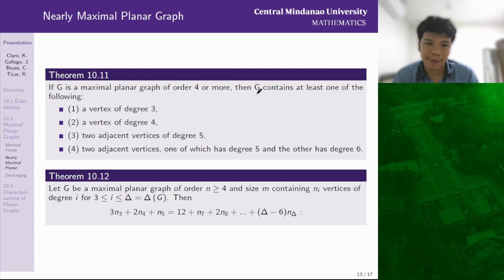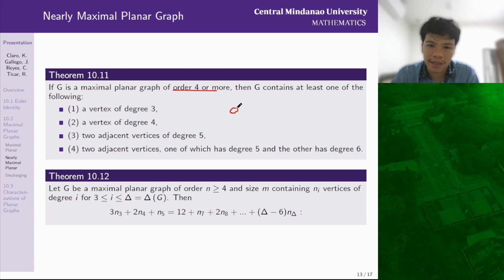Now let us proceed to theorem 10.11. So if our graph G is a maximal planar, so same pa rin, order 4 or more, then G contains at least one of the following. So first of which, a vertex of degree 3, and also a vertex of degree 4, or two adjacent vertices of degree 5.